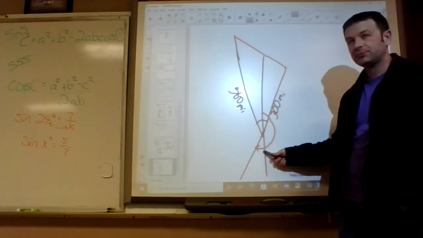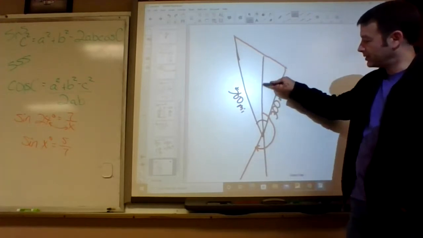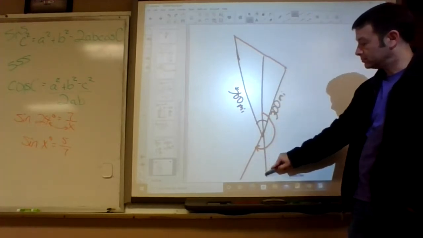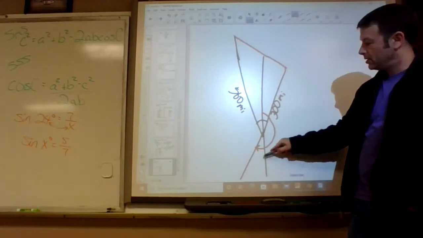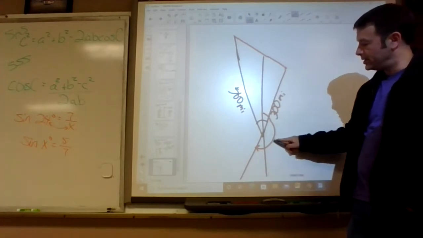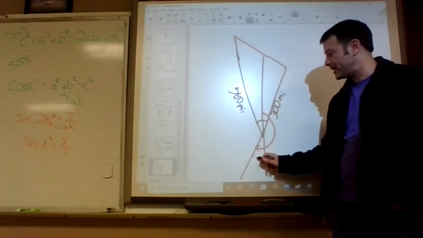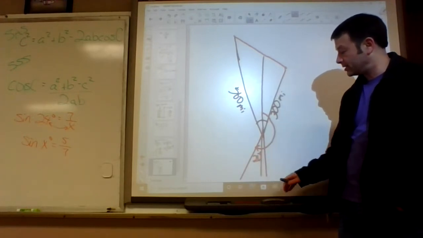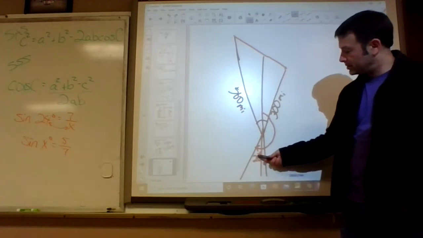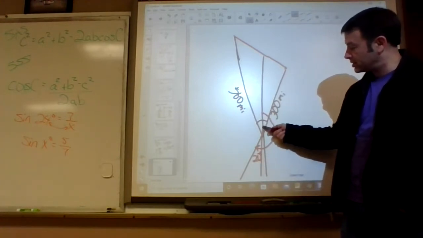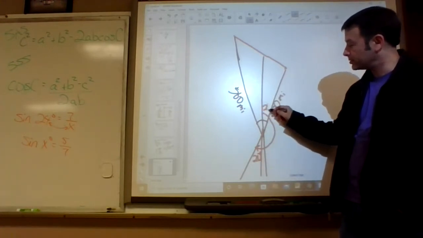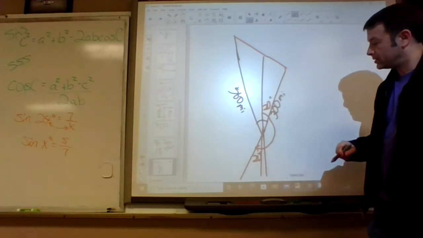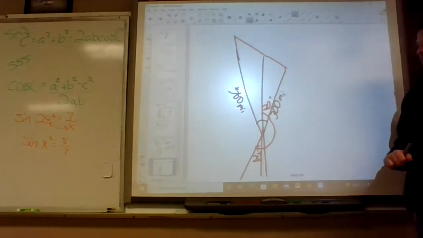This is a north-south line. The 200 degrees is 20 degrees past 180, right? So if this is 20, that means this thing right here is 20 also, because they're vertical angles.